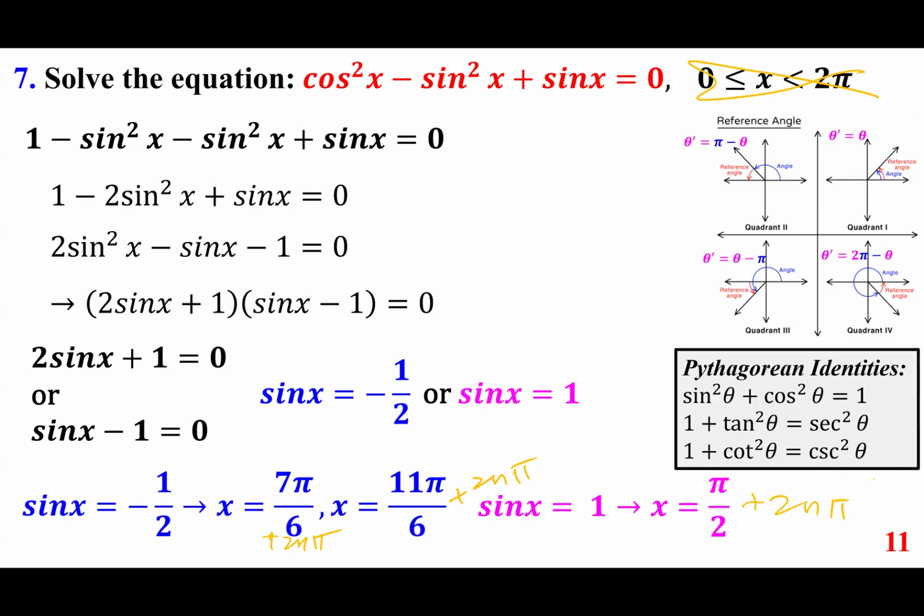If this restriction is missing, that means there are infinitely many solutions. When it's there, that means just a complete cycle from 0 to 360 or 0 to 2 pi. And by the way, if they say 2 pi, you have to answer it in radians. If they say 0 to 360, then you would answer it, for example, here 90 degrees. You would answer it accordingly.